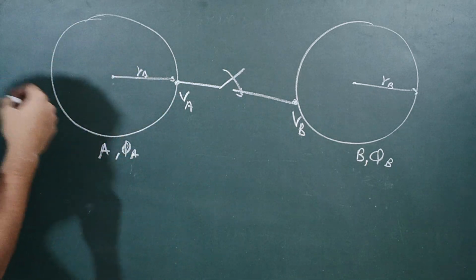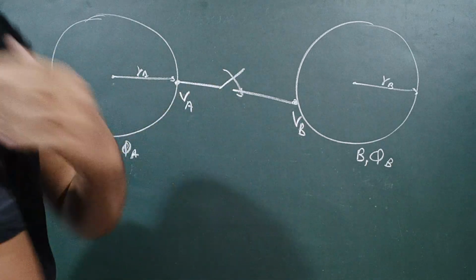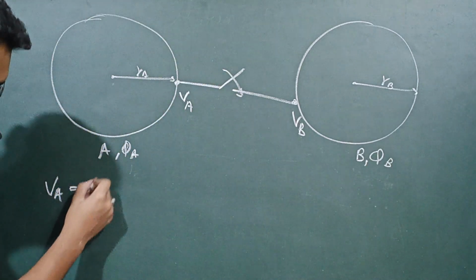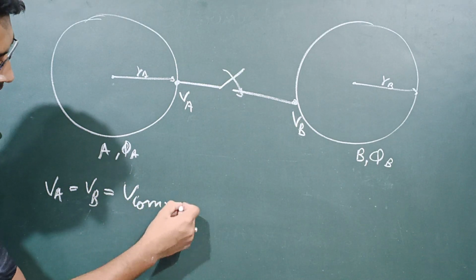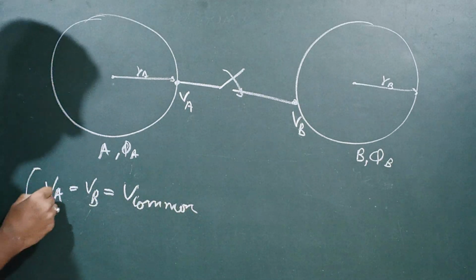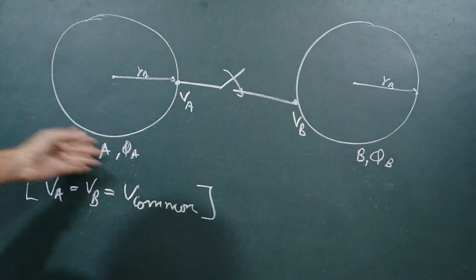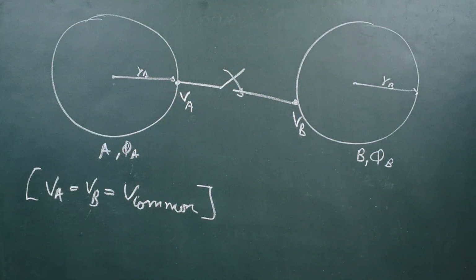So after closing the switch, the potentials will change and become VA equals VB equals V common. And because of the change in potential, this whole system has become an equipotential surface.